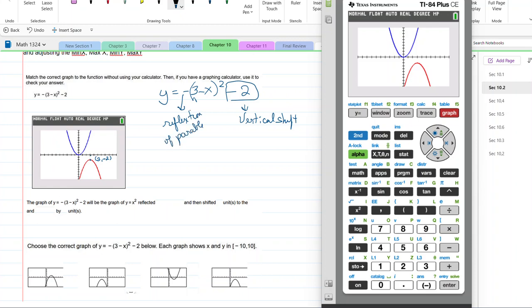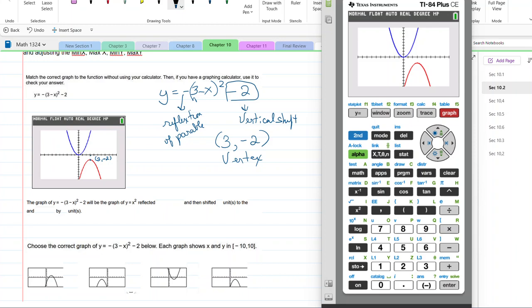That means it's moved. And I have a 3 minus x. So that means that x is a positive 3, moved to the right and down 2. Graph to make sure.